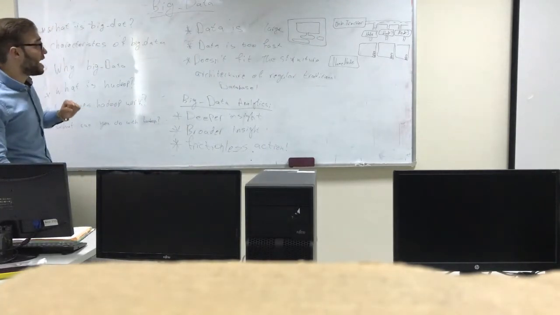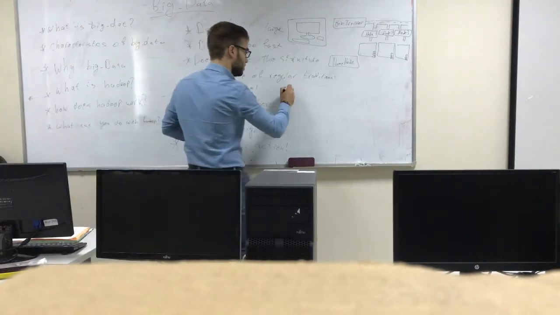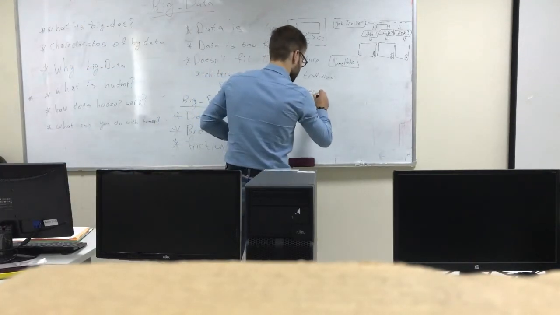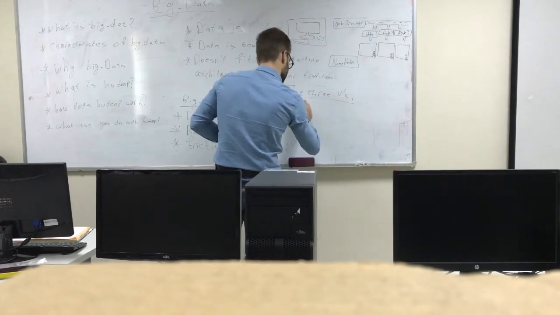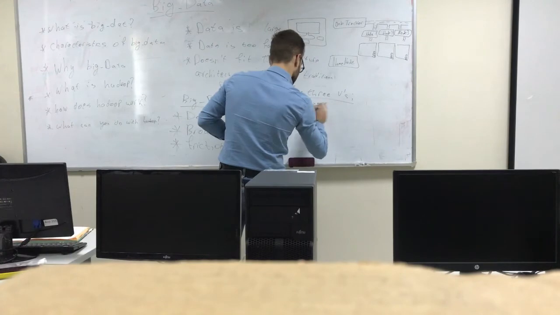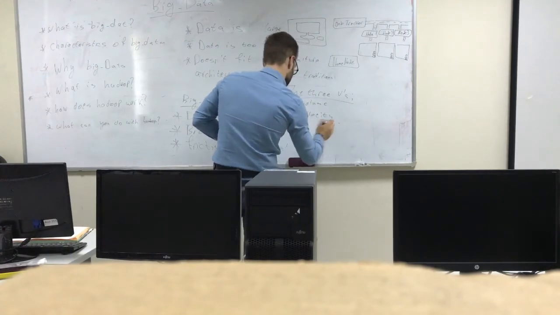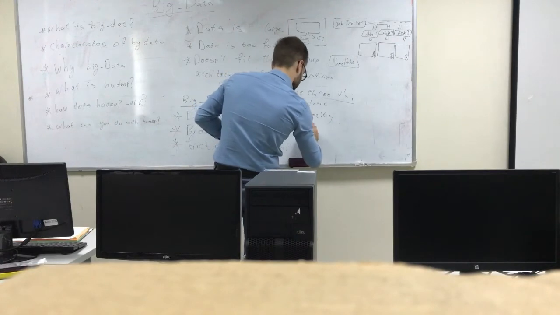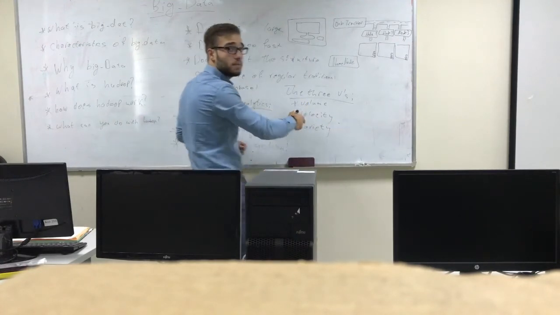Now, some people add 2 V's to the 3 V's that we talked about. Let's write them out first. The 3 V's: volume, velocity, variety. Variety, we said, is the type, velocity is the speed, volume is the size.